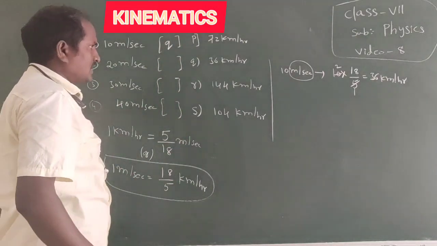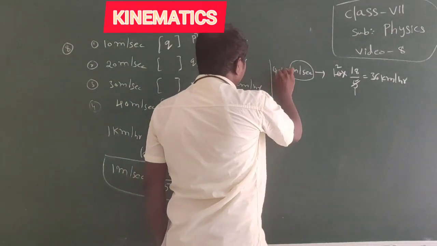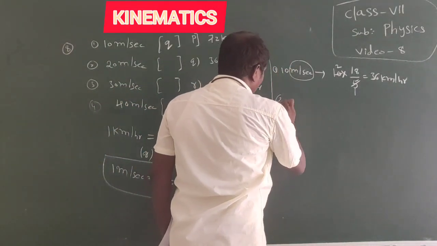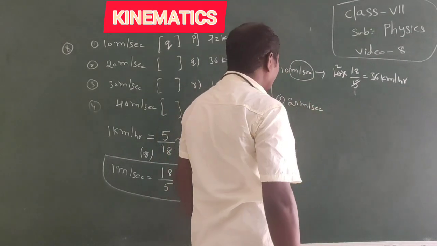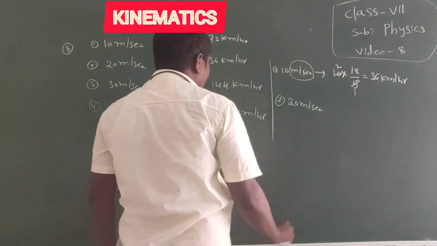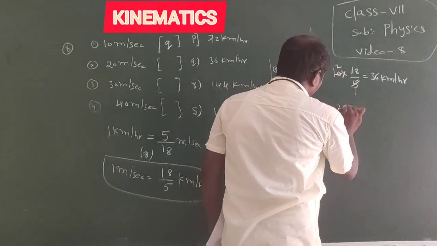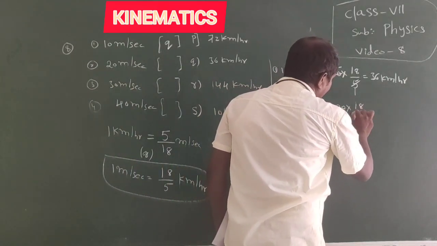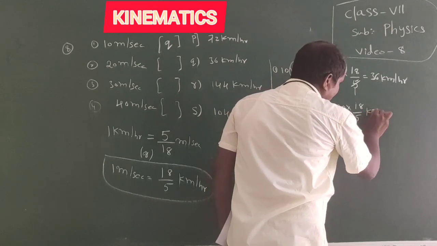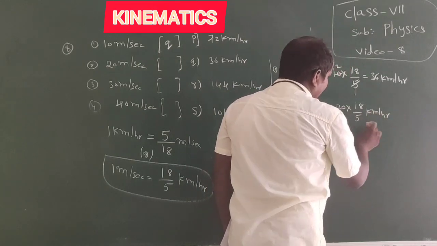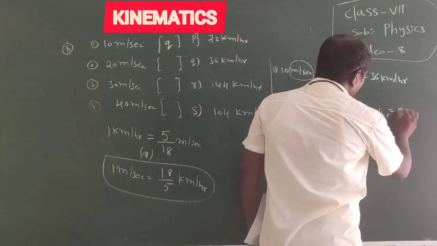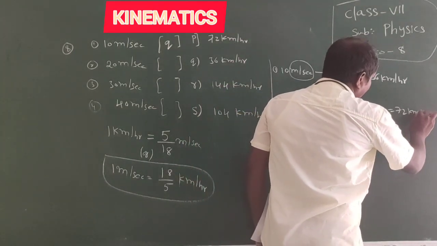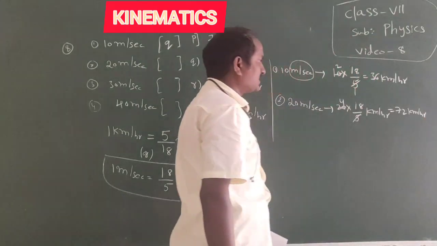Next, question number 2. 20 meter per second. In the place of meter per second we write 18 by 5. So 20 into 18 by 5 kilometer per hour, that is equal to 72 kilometer per hour.